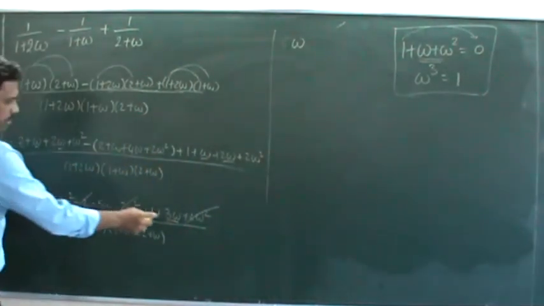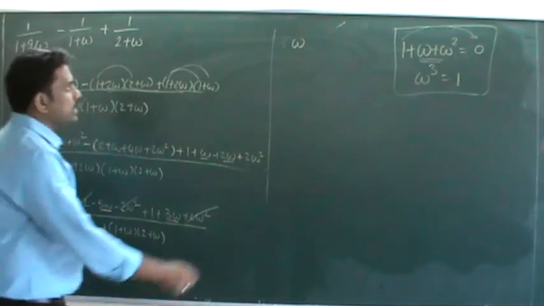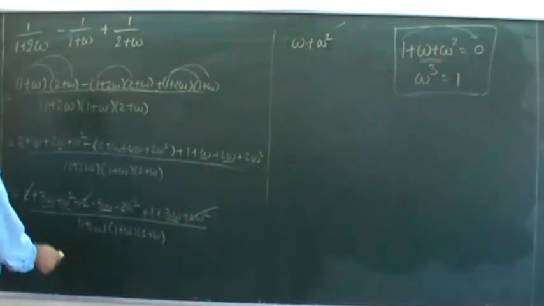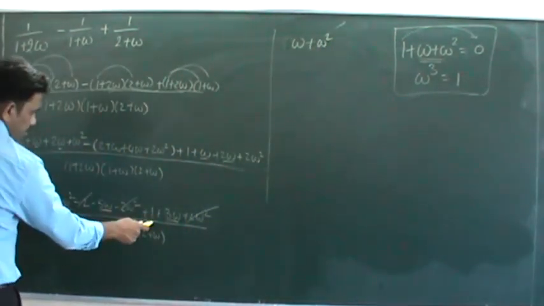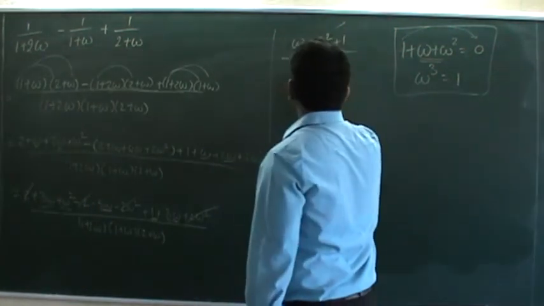See, 3 plus 3 is 6, minus 5, only one omega is there. Next, omega square is there. Omega plus omega square. Next, plus 1 and plus 1 are there, over the denominator.